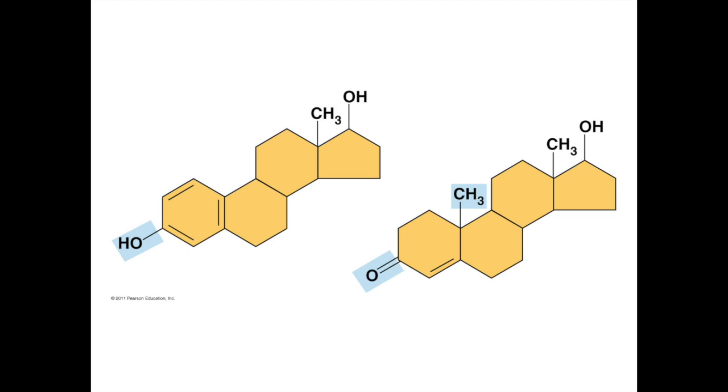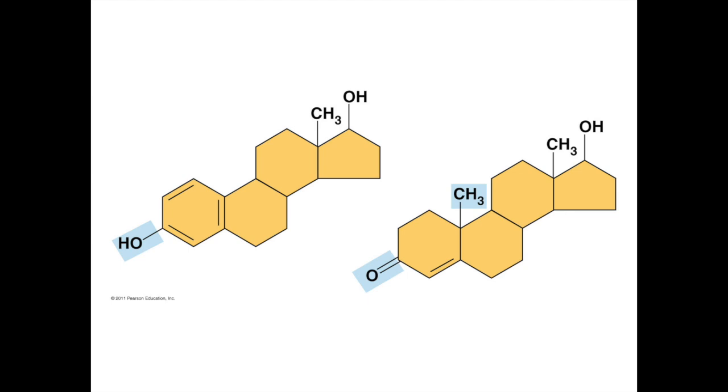And any bonds that aren't drawn in for a carbon, you just remember every carbon atom is going to have 4 bonds on it. So basically what you're looking at is a bunch of carbon and hydrogen. And it's arranged into these 4 rings, and those 4 rings should tell you something about these molecules.